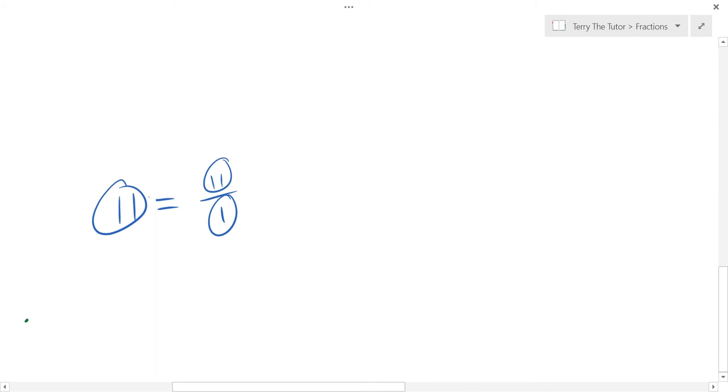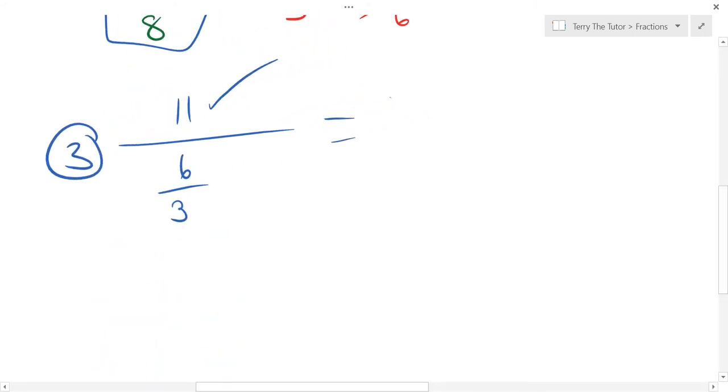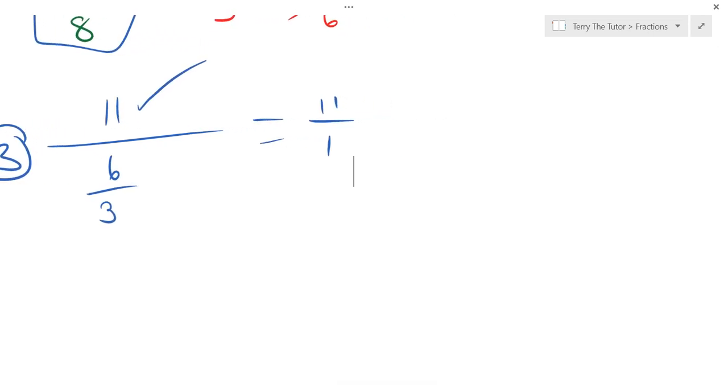So anytime we have the whole number 11, we can write it as the fraction 11 over 1. Alright? And now we're going to write divided by 6 over 3.